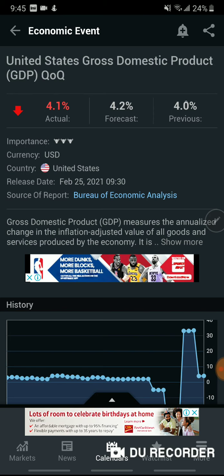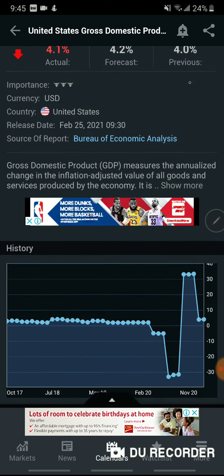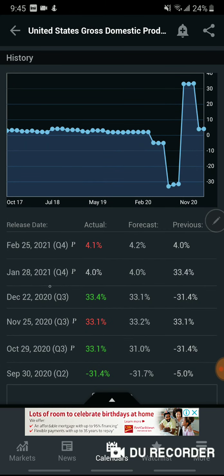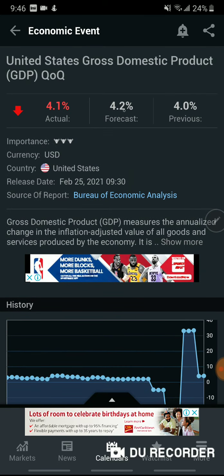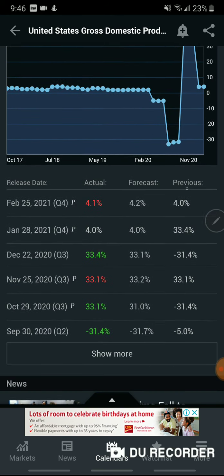So this was the previous news on January the 28th. They were expecting 4.2 and the actual was 4.1. So the forecast would have been better, and the actual they got was 4.1.